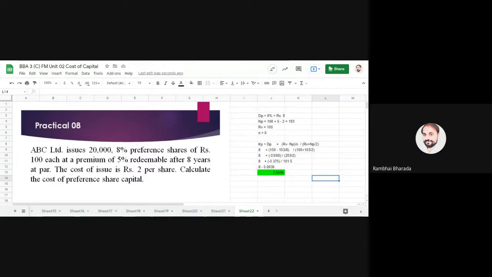Everyone, is this question clear for you? Is it clear to everyone? Clear about the redeemable value, clear about the NP, clear about the calculation? Is there any doubt, any query? If you are saying no, then I have one more surprise for you.